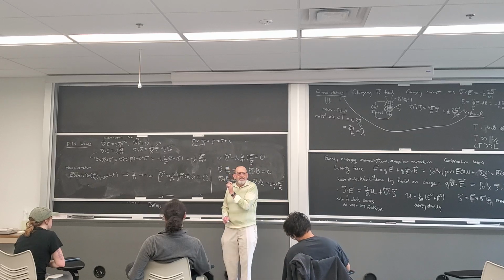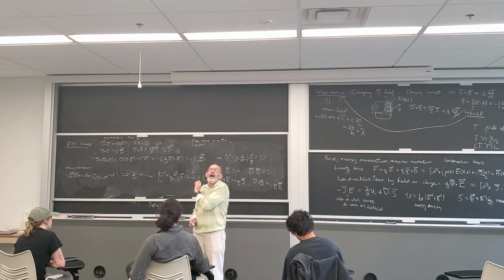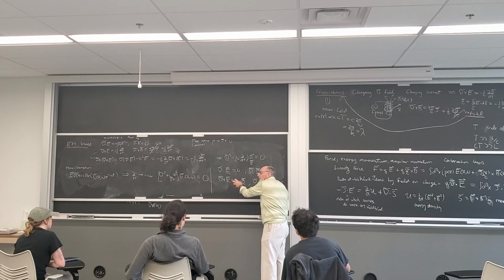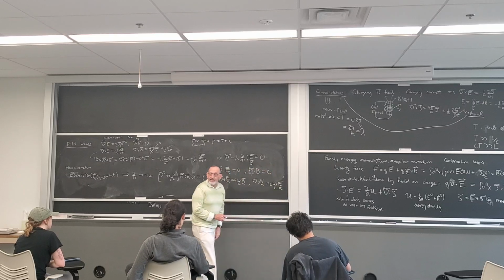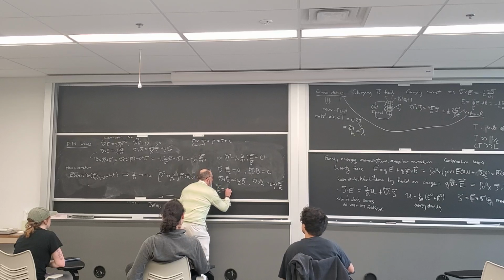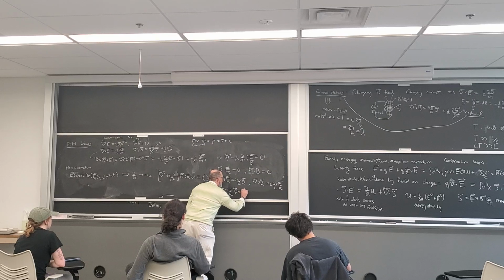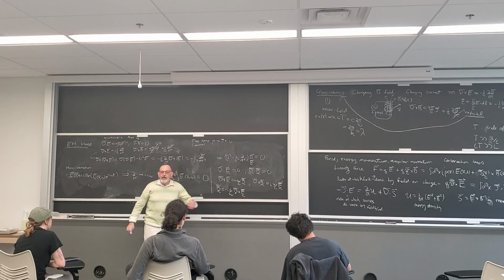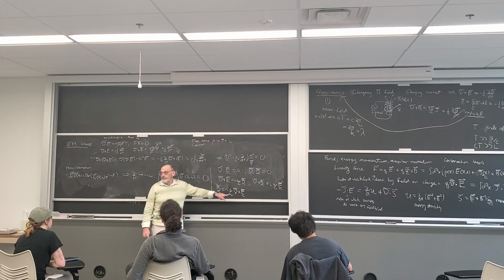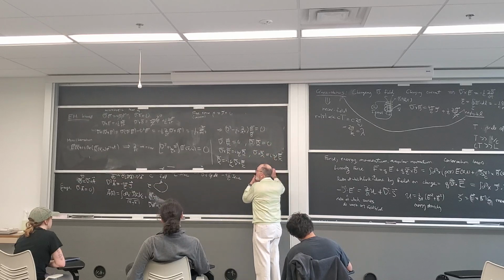So this tells me that once I know E, I can always find B. Now, some of the relationships that are specific for plane waves are not true for other waves, okay? But this is true for monochromatic fields. So this tells us that B is minus ic over omega del cross E. So once I know E, I can always find B through this equation, and vice versa, okay?